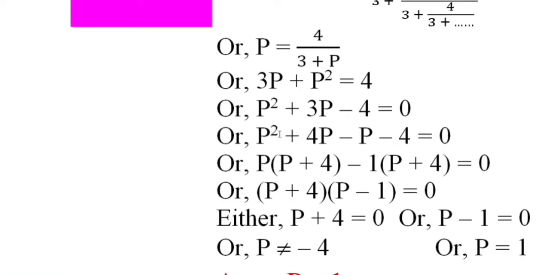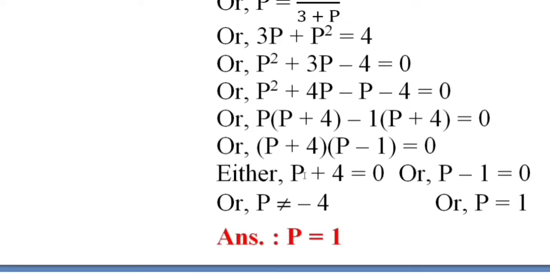Also finding the common term of two numbers. Common term is P. So write P bracket P plus 4, and finding the common term of P minus 4, the common term is minus 1. So common minus 1 and bracket P plus 4 equals 0, or P plus 4 common and write P minus 1 also common equals 0.